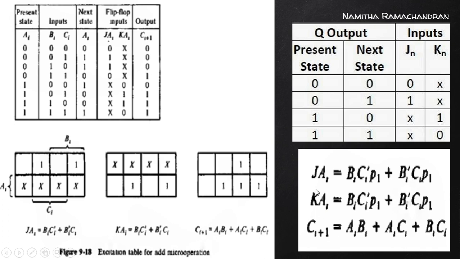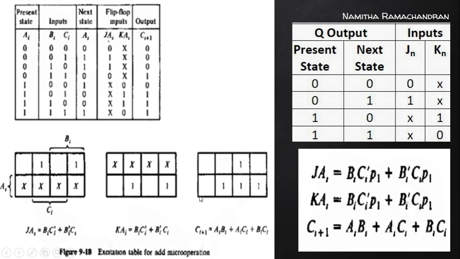We don't want to consider the control variable with the output from the JK flip-flop. This is the expression for Cout, so we don't consider the control variable along with it. But we consider this control variable P1 with the expressions associated with J and K input, because they are the Boolean functions for J and K input of our JK flip-flop.